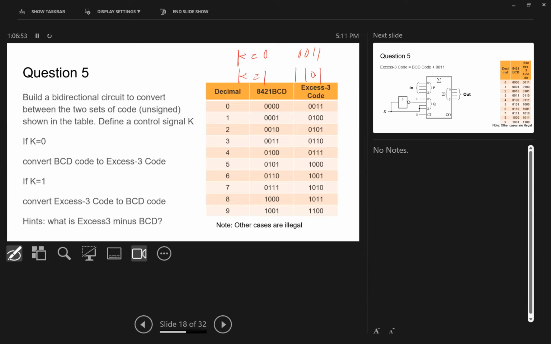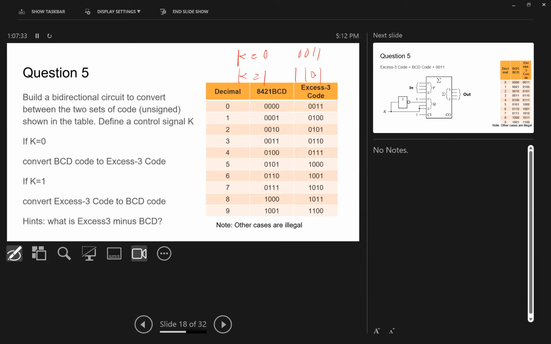Okay, that's fine, that's still a valid case. But what we need to do here is just change the operand according to the k value. When k is 0, the operand should be 0, 0, 1, 1. When k is 1, the operand should be 1, 1, 0, 1. So you can find that no matter what k is, the least significant bit should always be 1.